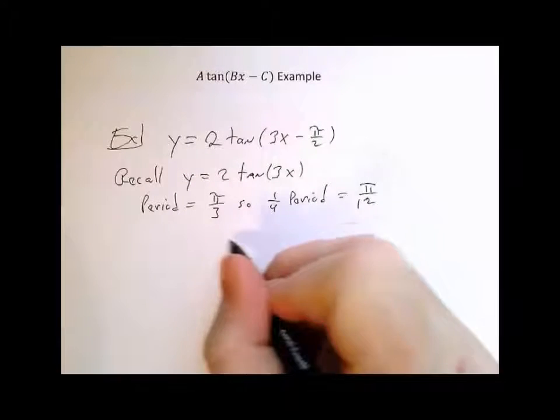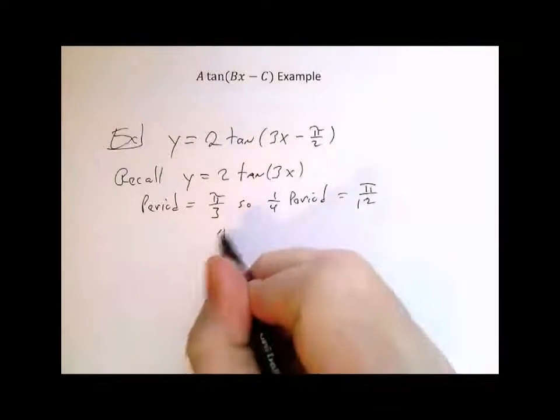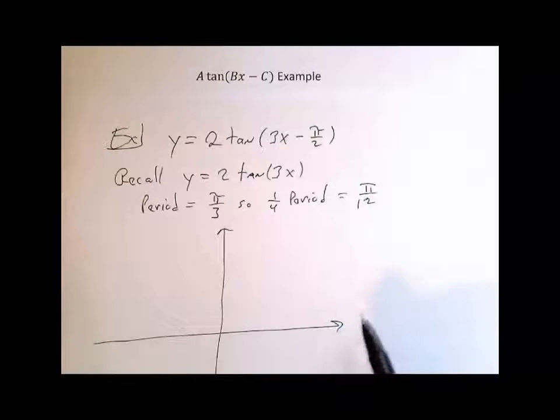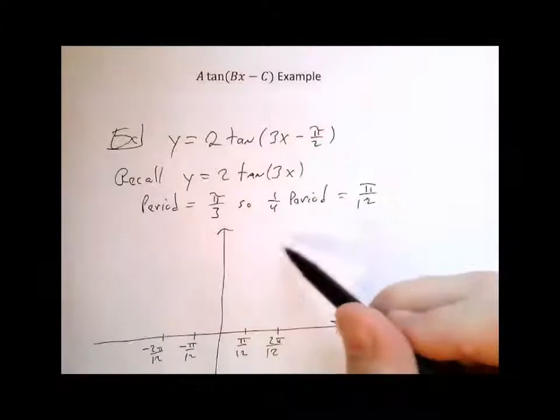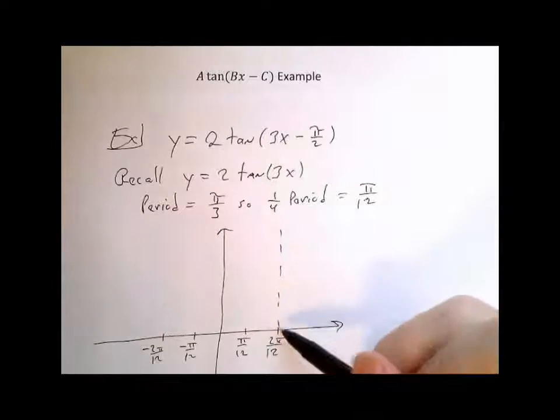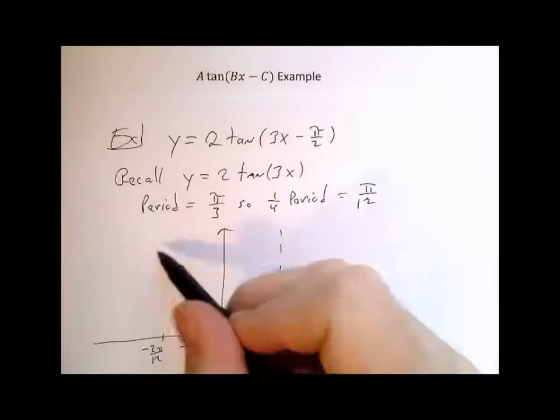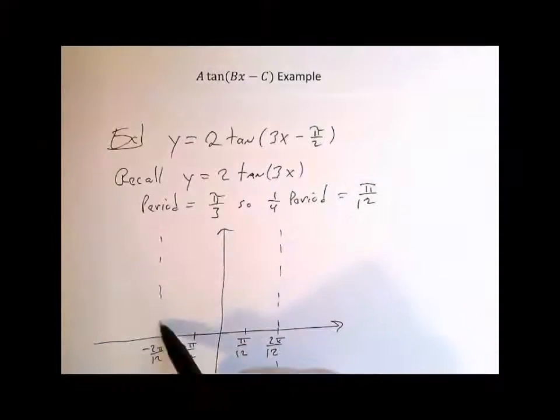So remember our graph here, we have our tick marks at pi over 12, negative pi over 12, 2 pi over 12, negative 2 pi over 12. I haven't simplified where those tick marks are, because I'm going to think about this.